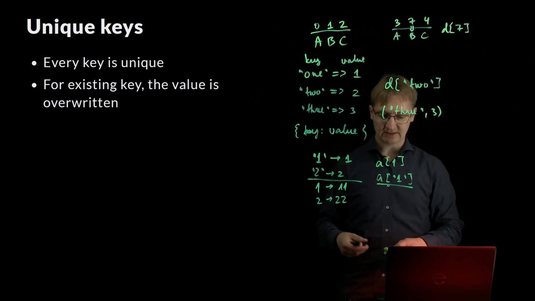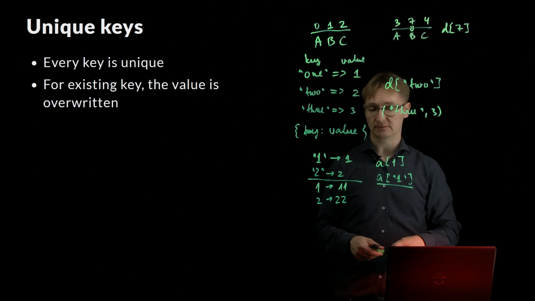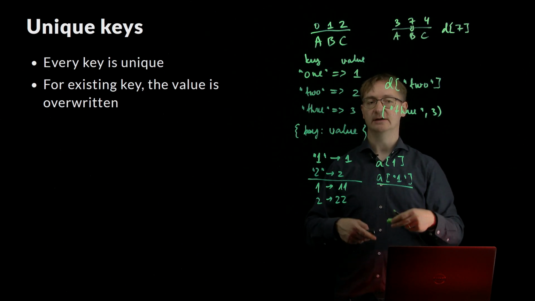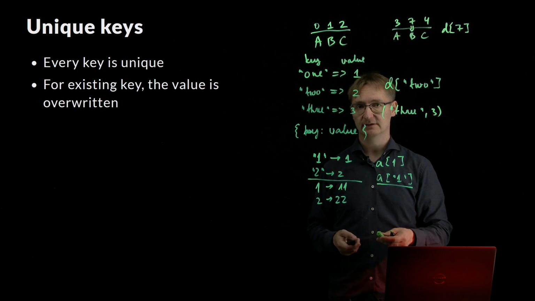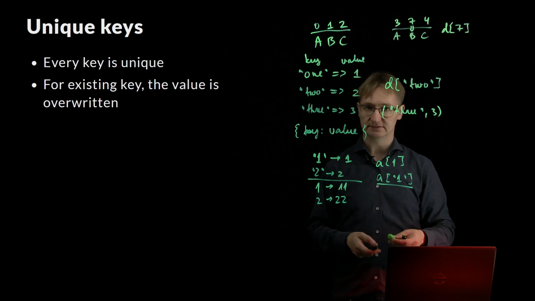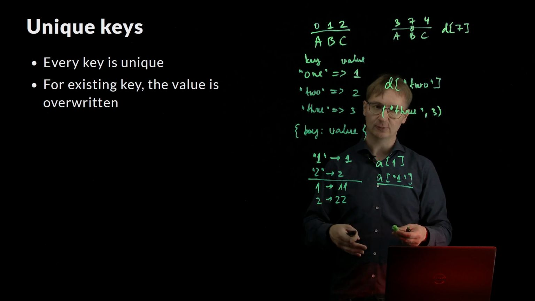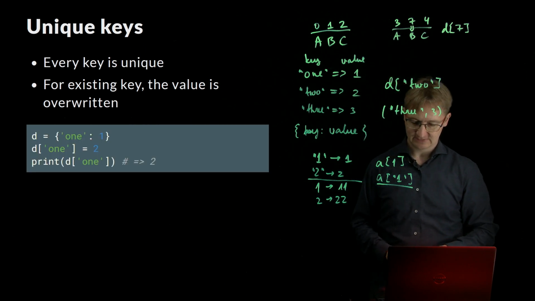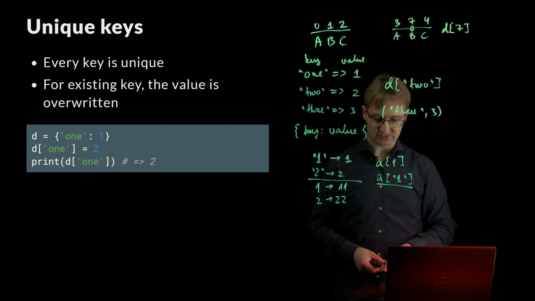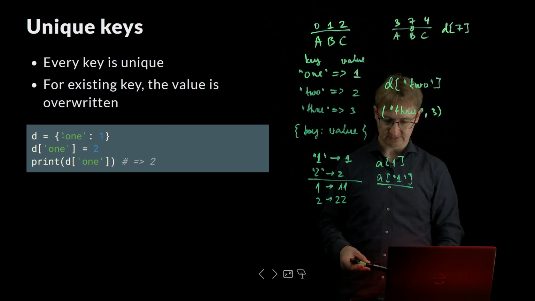For an existing key, the value is overwritten. So if I, for example, try to add a new pair with an existing key, the value in the position of this key is overwritten. So here is an example. I have a dictionary with only one element where the key is 1 and the value is 1.